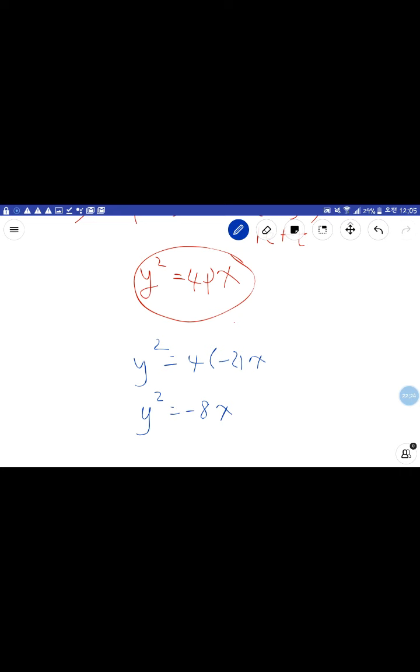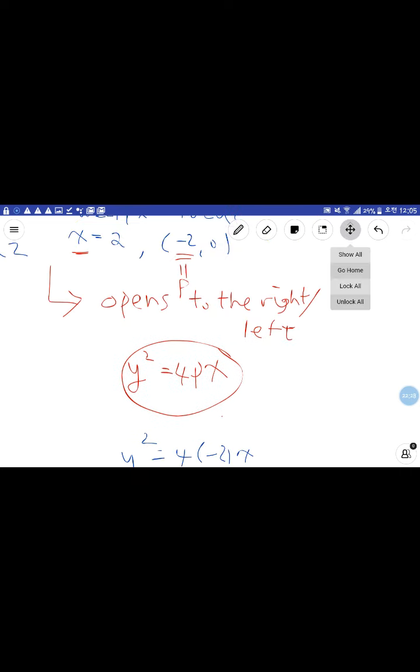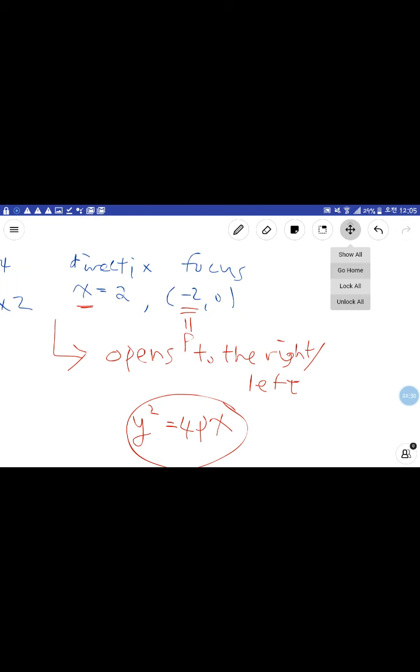We have to look at whether our focus is 0, something or something, 0. That directly tells us whether the parabola opens up or down, left or right. In this case, the parabola opens left because your p is negative. Once you have p positive, it opens right. If p is negative, it opens to the left.